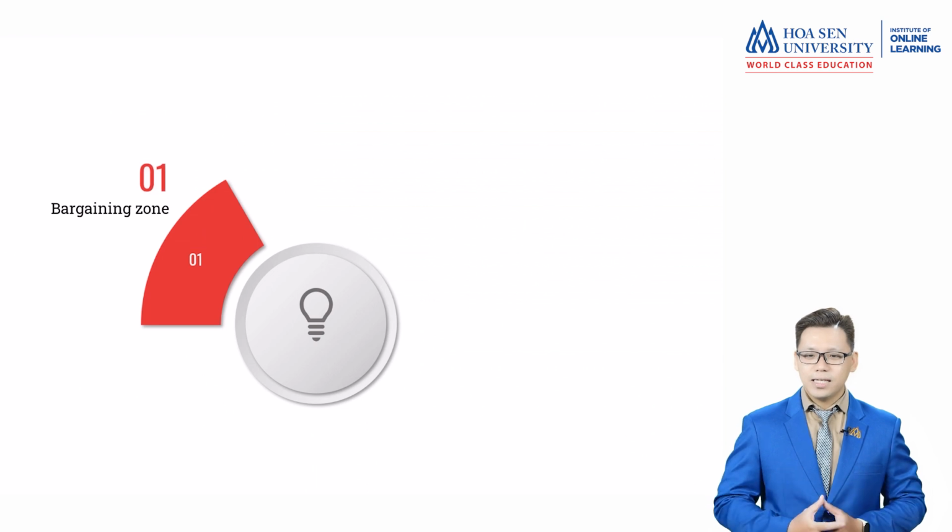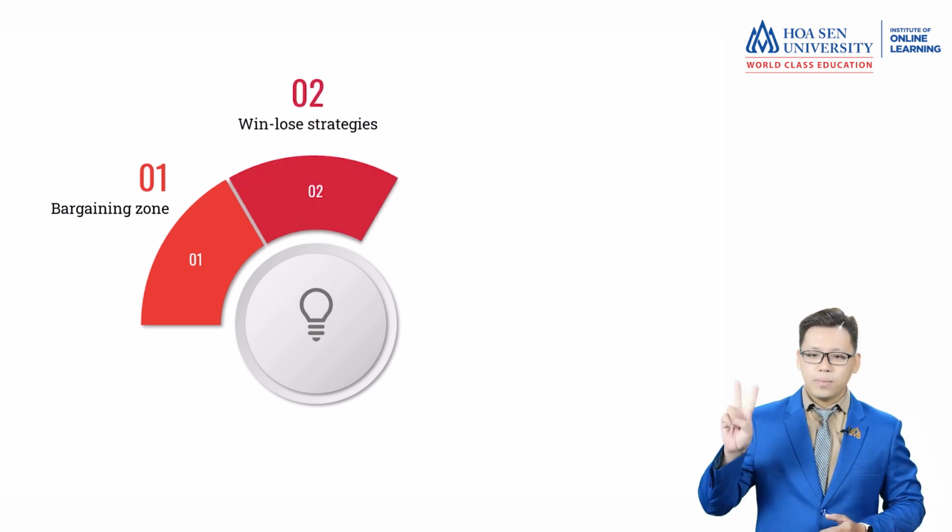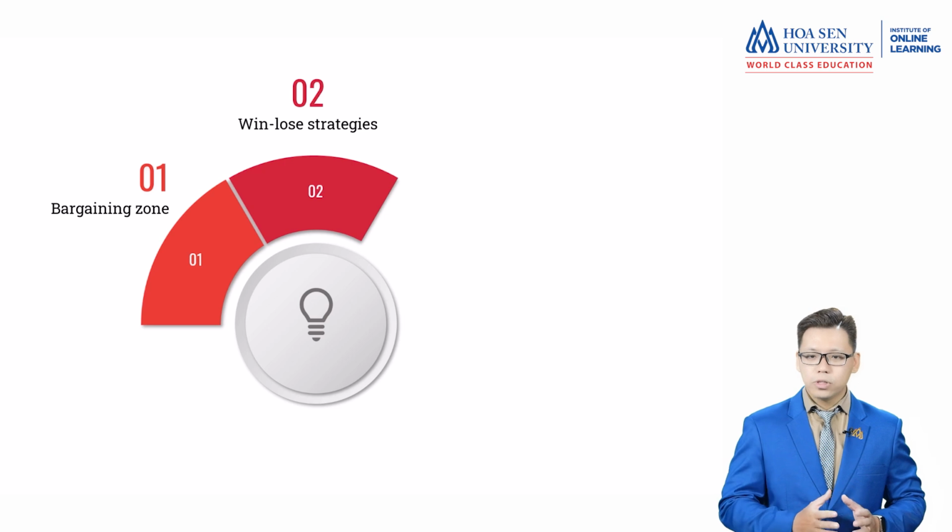In today's lesson on distributive negotiation, we're going to cover 3 critical objectives. The first one is the bargaining zone. We discuss how to determine this zone and its impact on your negotiation strategy. For number 2, we call win-lose strategy.